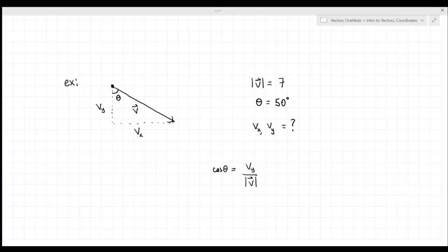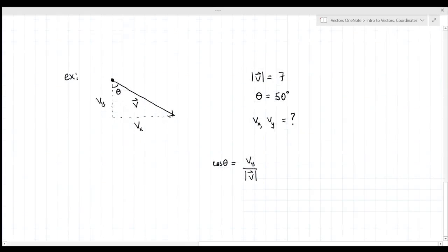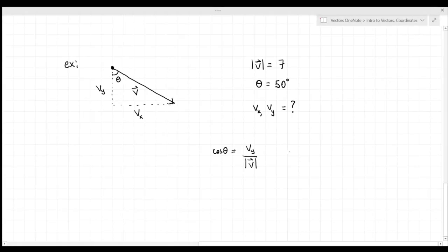Here I've set it up so cosine of theta is the adjacent Vy over the hypotenuse, which I'll represent by the length of v. If we solve for Vy, we get Vy is the magnitude of v times the cosine of theta. Magnitude doesn't need to specify direction, and because it's the length of a vector, we consider length as always positive.